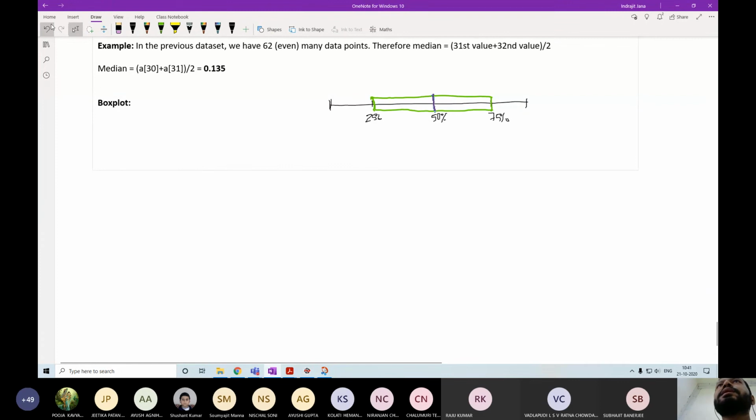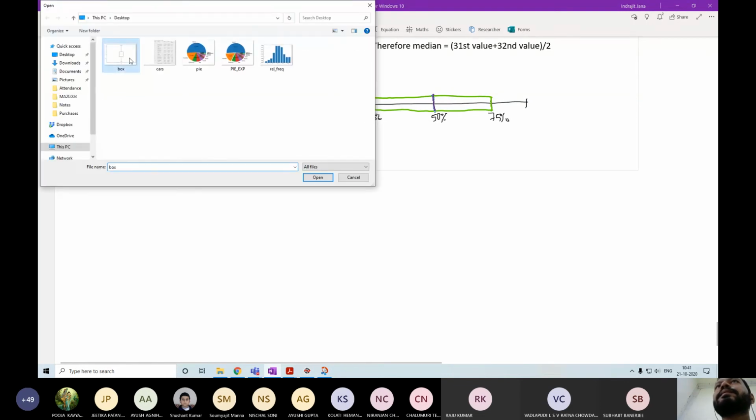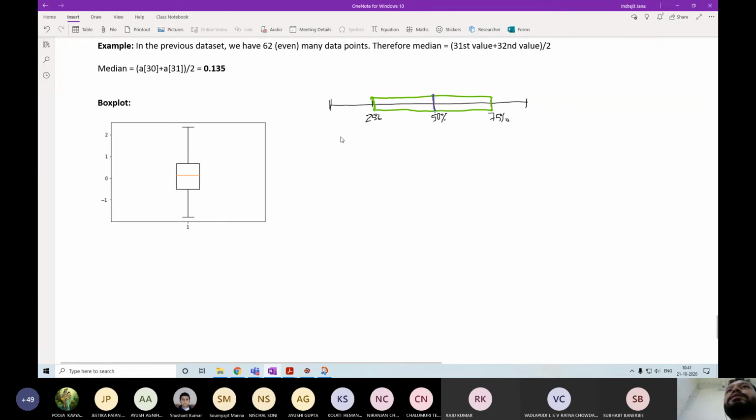Let's insert it here. All right. So this plot program is giving me a vertical plot, but I think Seaborn gives you a horizontal plot.